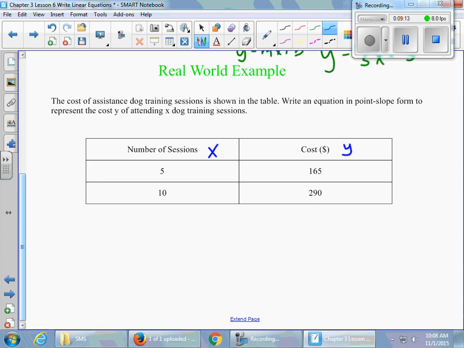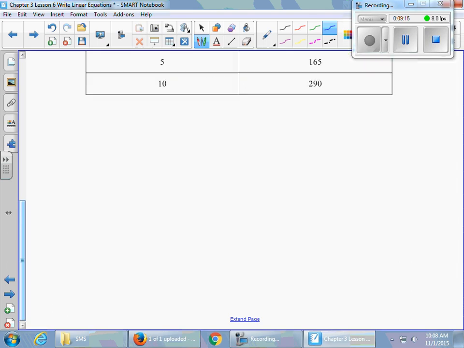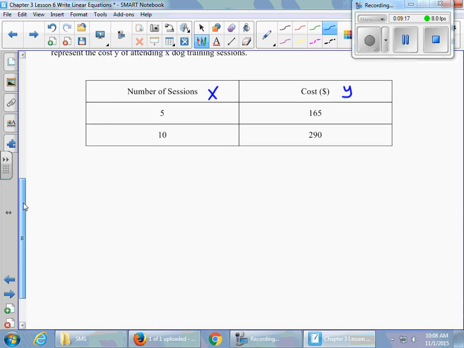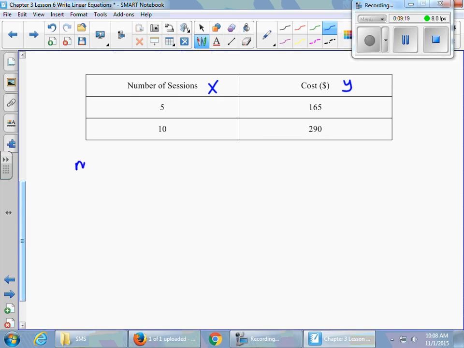Once again, slope formula to find our slope. m equals y2 minus y1 over x2 minus x1. And as always, label them first as our x and y. That can be our x1, this can be our y1, x2, y2.